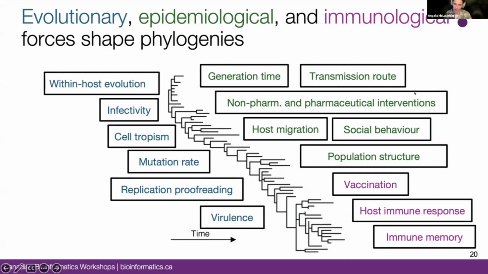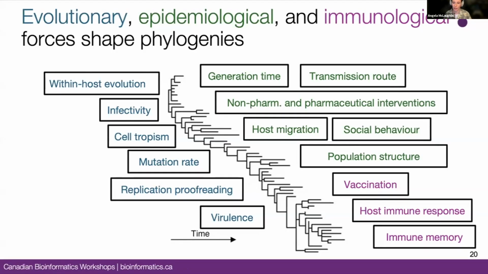Also, in the case of human RNA viruses like SARS-CoV-2, host migration plays an enormous role in dispersing the virus, as we'll discuss more. Then we also have social behavior to consider. Are people going to have a lot of contacts? Are they going to modify their social behavior upon learning that they're infected?